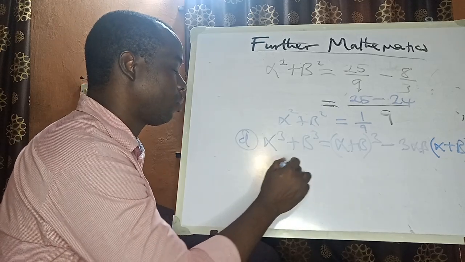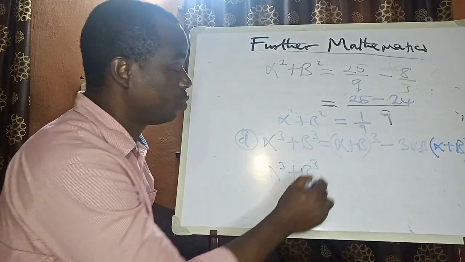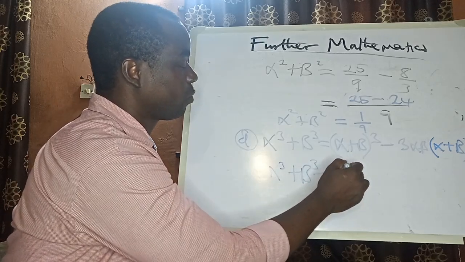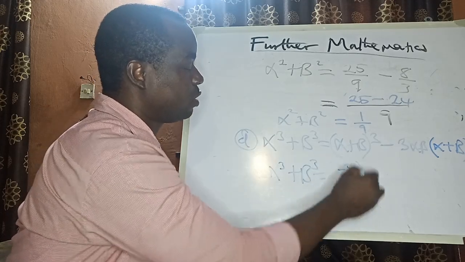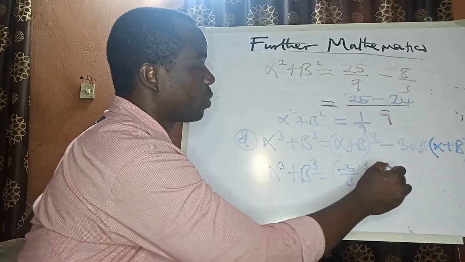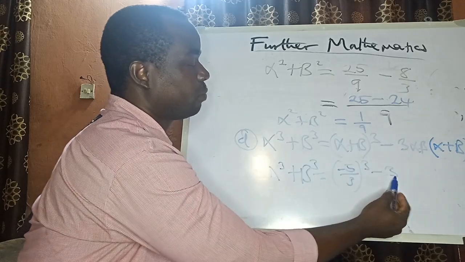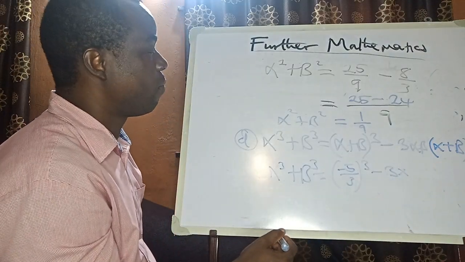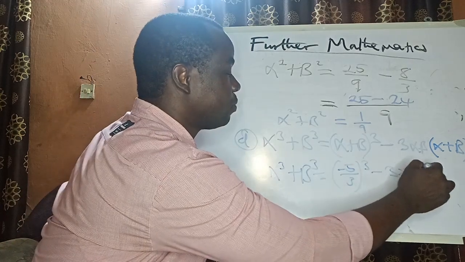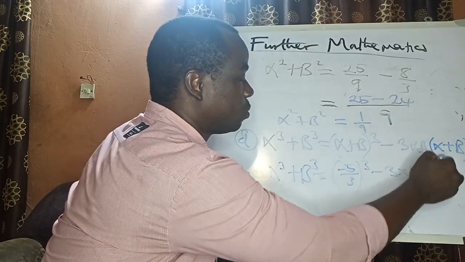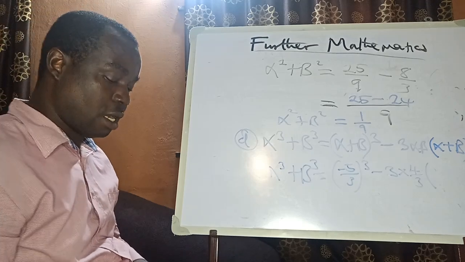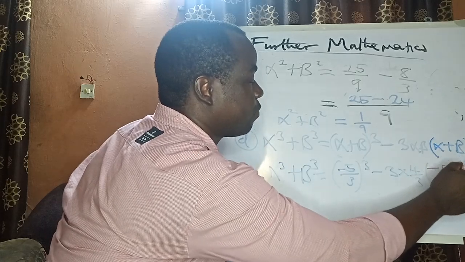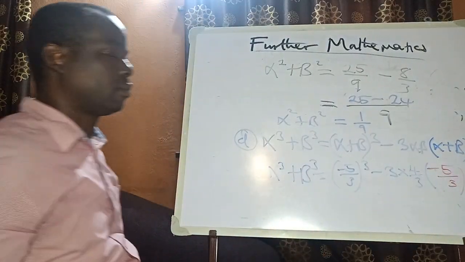So for alpha cubed plus beta cubed, our alpha plus beta is minus 5 over 3. You can check it. We bring down 3 times alpha beta, which is 4 over 3, then our alpha plus beta, which is minus 5 over 3.